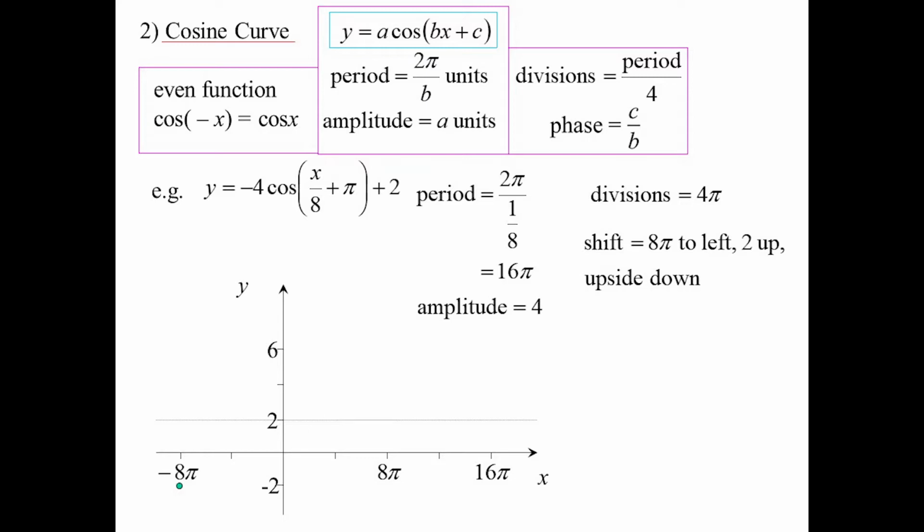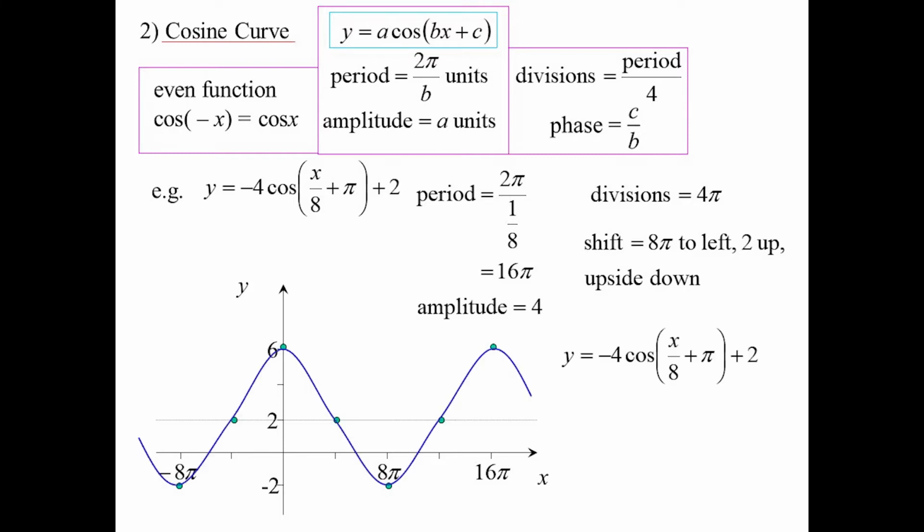So minus 8 pi, negative 2. Normally I'd start at the amplitude, but it's a negative 1, so it's still at the amplitude, but at the trough rather than the peak. The cosine curve, that pattern, we then go to the axis, and again that zigzag pattern will continue. So, there's our cosine curve.